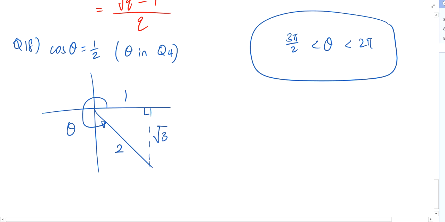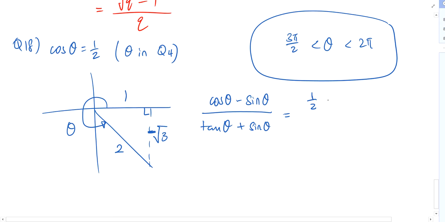Now, to answer the question, cosine theta minus sine theta divided by tangent theta plus sine theta. Oh wait, is this root 3 or negative root 3? Almost made a mistake. Alright, so cosine theta. According to the question, we already know it's half. According to our diagram, it must also be half.